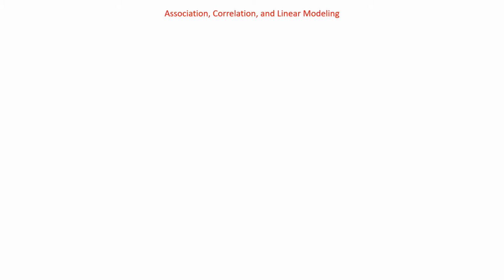Association talks about the direction of the relationship. As one variable increases, does the other one increase, or does the other one decrease? So association can be either positive or negative.